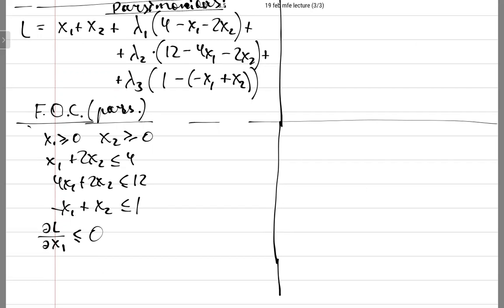That's okay, we have proven that. I don't remember if it was one or two lectures ago. What is dL with respect to dx2?